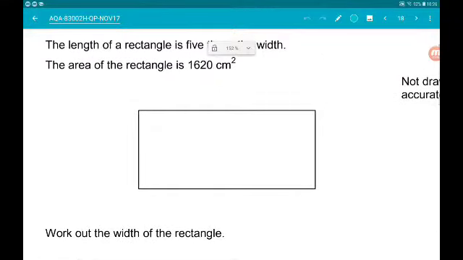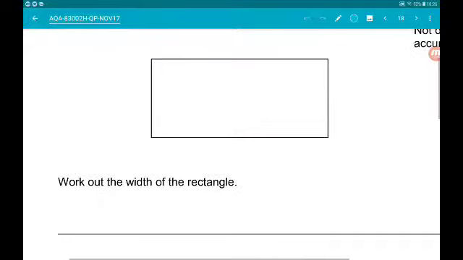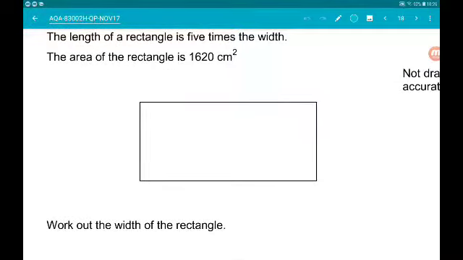Okay, question 19. We have forming and solving an equation. So we're told the length of a rectangle is 5 times its width. The area of the rectangle is 1620 centimeters squared. And our job is to work out the width of the rectangle.